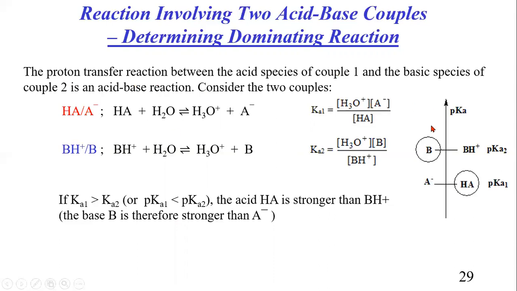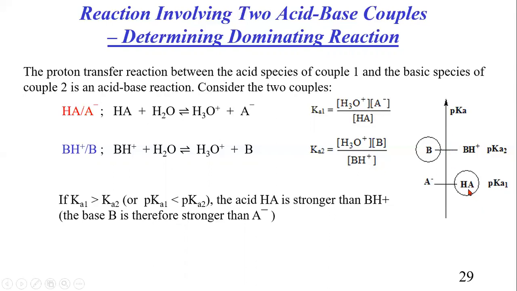So in solution, I have B and BH plus, and I have A minus and HA, and I put them on a pKa scale because it will ease how I determine my reaction. It simplifies it slightly. You remember we talked about it in the first chapter, that we put the lowest pKa on the bottom and the highest pKa as we go up.